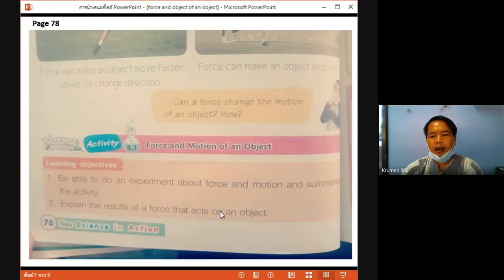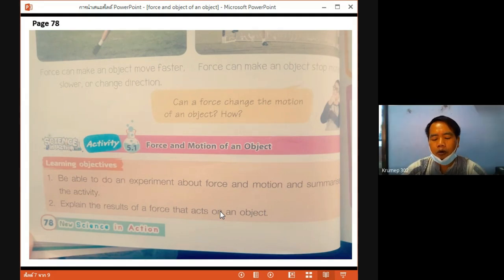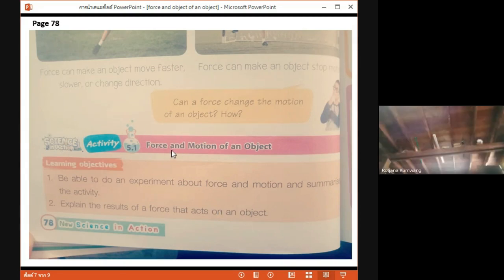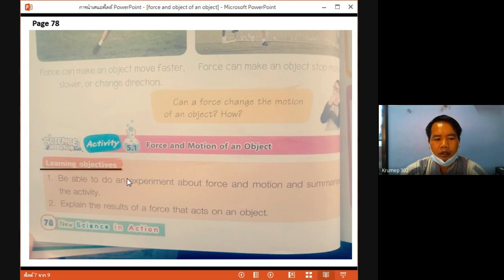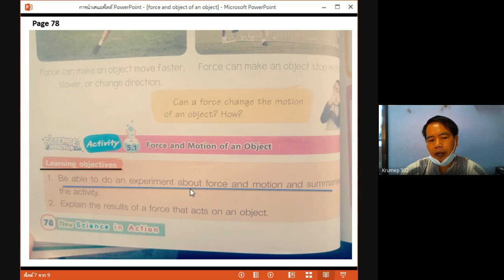Okay. So we have here an activity on page 78 in your book. So kindly open your book on page 78. Okay, so the activity is about force and motion of an object. We have here learning activities. Number one, be able to do an experiment about force in motion and summarize the activity.